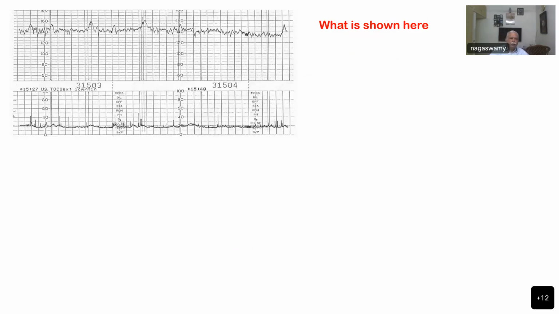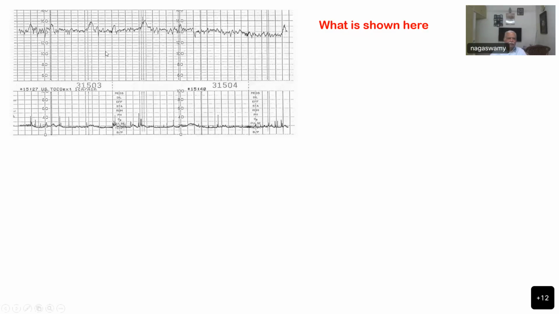I can give you a small clue. Read what is given: CTG. You can get a clue from this. TOCO. Cardiotocography, sir. Fantastic. That is cardiotocography.